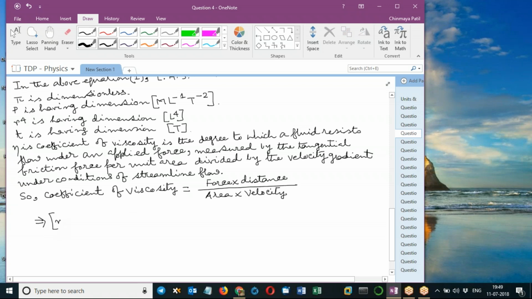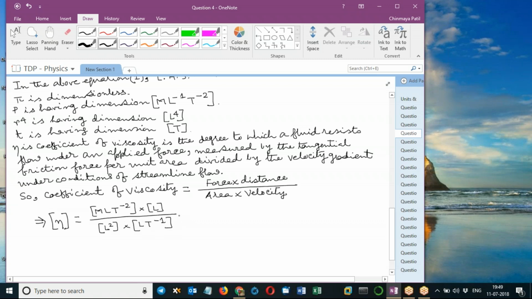We can write the dimension of eta is equal to force, so force is equal to M L T power minus 2, into distance is L, and area is nothing but L square, into velocity is L T to the power minus 1.